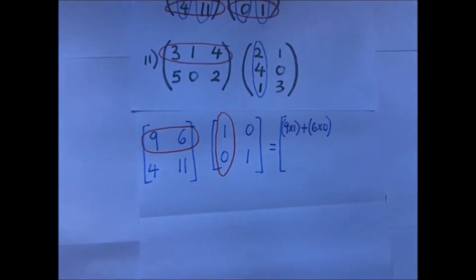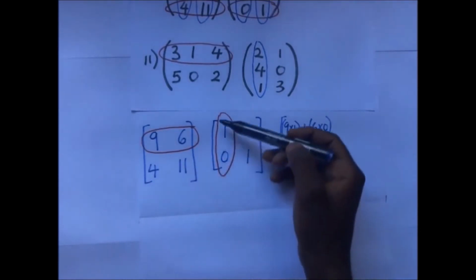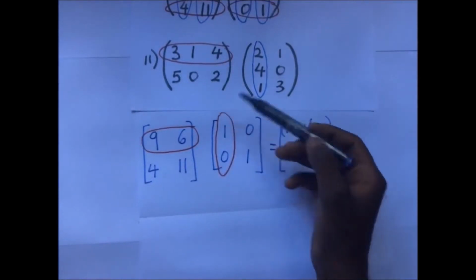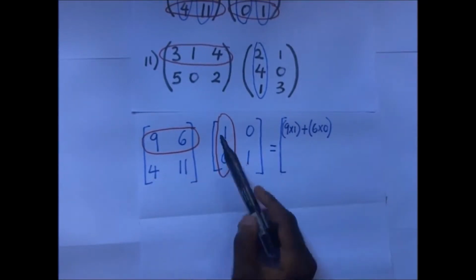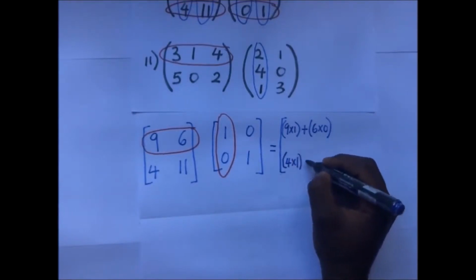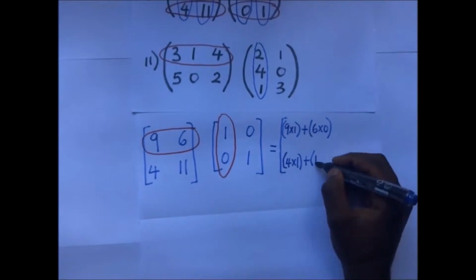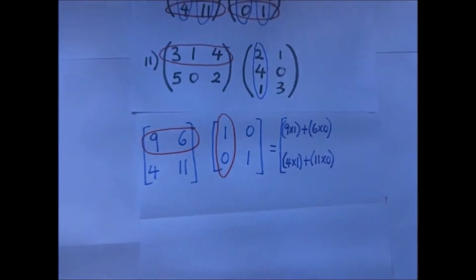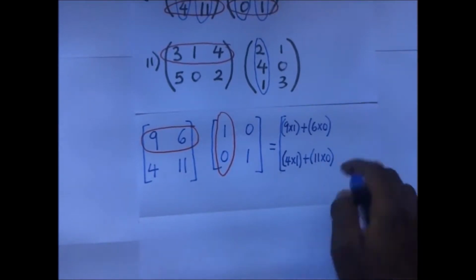Then we get to the next. We multiply this row by that column to get the term down here. So it's going to be 4 times 1 plus 11 times 0. So we get to this other term of the matrix.